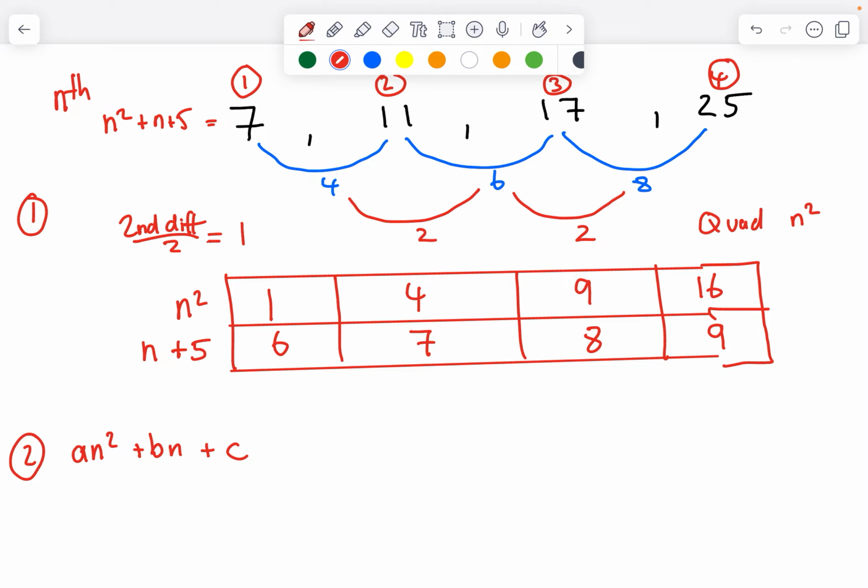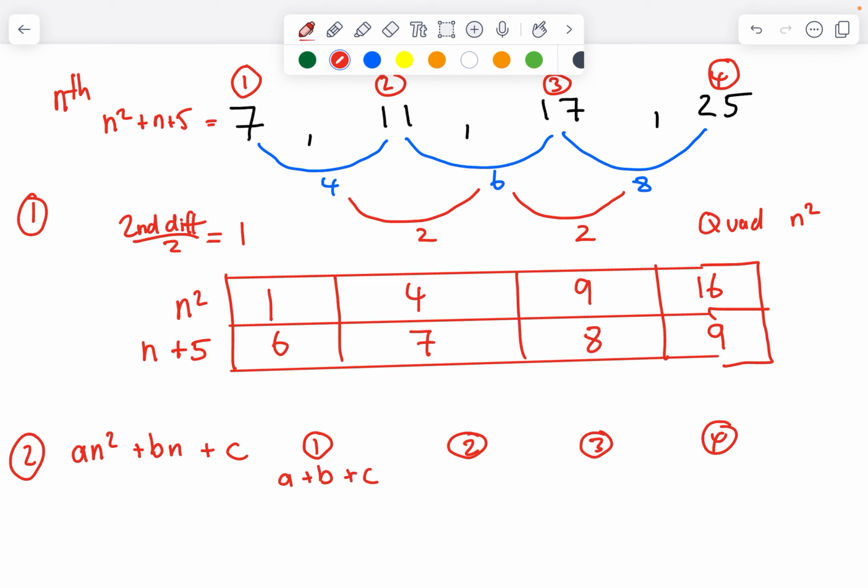Okay, so that means that the first term, when n is 1, is going to be 1 squared times a, which is 1a, plus 1 times b, which is b, plus c.